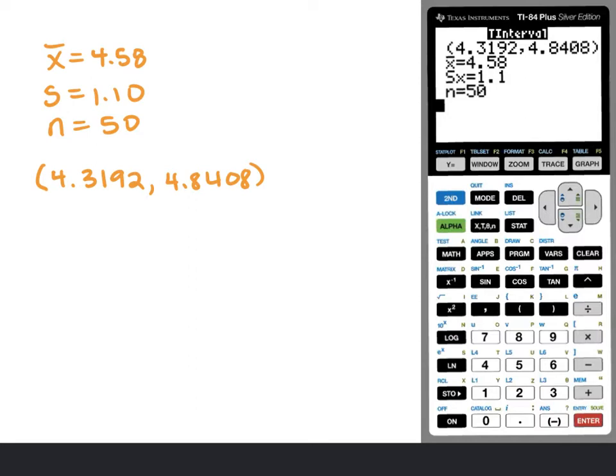Of course, interpreting it helps us put this answer in context. What do these numbers actually mean? Well, we have to remember that we were doing a 90% confidence interval.